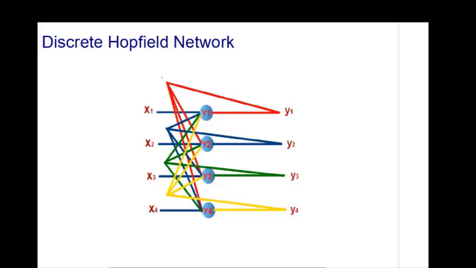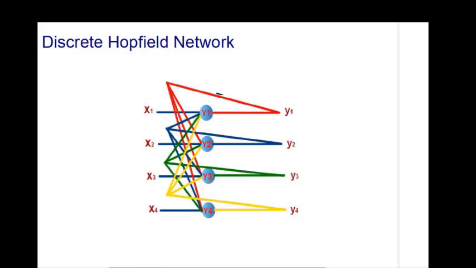Now this is the structure of a discrete Hopfield network. As we can see, these are the neurons Y1, Y2, Y3, Y4, these are the 4 neurons, and this is the input X1, X2, X3, X4. We are giving the input here, and this output is red colored. The output is fully interconnected. What it means is that the output of Y1 is fed back to the input in such a way that the feedback does not go to itself.